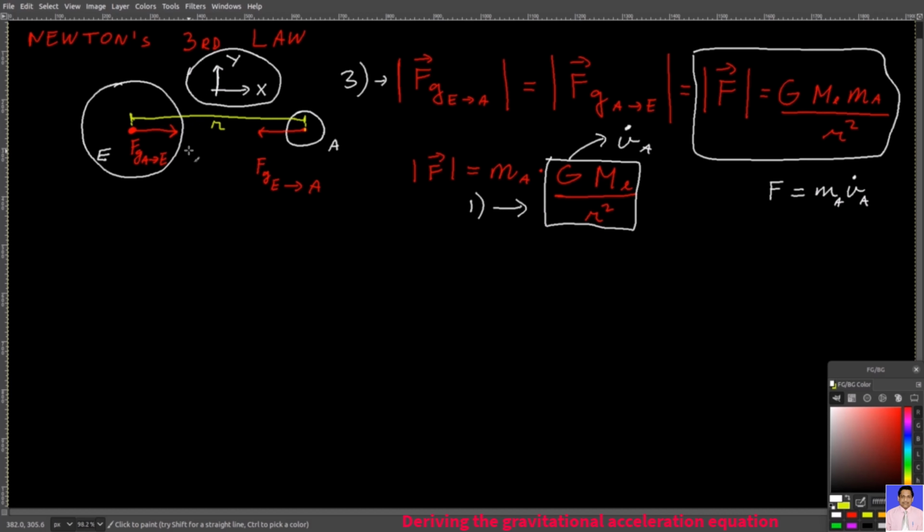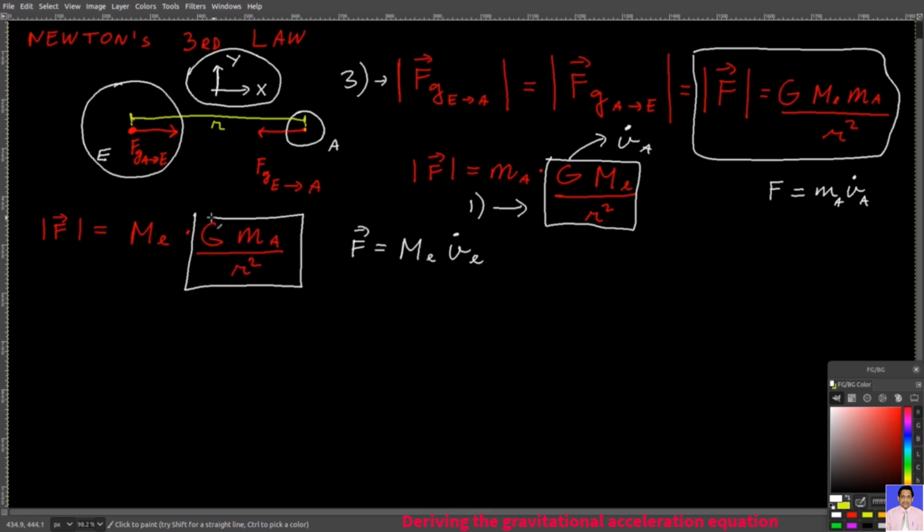And then question number 2 was, what's the acceleration of the Earth towards object A? Well, again, this is our force formula, but now I'm going to write here the mass of the Earth times G times the mass of object A divided by r squared. Assuming that the Earth's mass is constant, the force formula would be the mass of the Earth times the acceleration of the Earth.